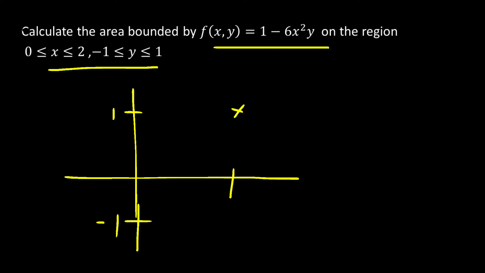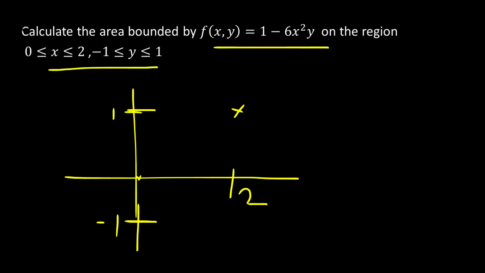So it lies between negative 1 and 1 on the y-axis, and in x we have 0 to 2.